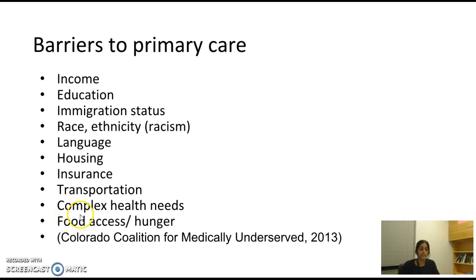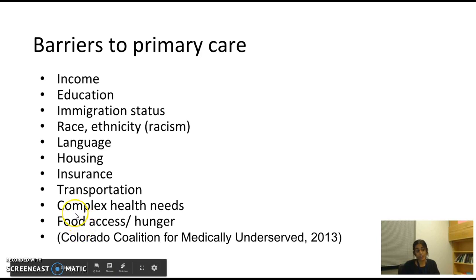Someone who has multiple health conditions would probably have a much more difficult time showing up for their appointments or adhering to their medication treatment or whatever it might be, or even following the behavior change recommendations for lifestyle.